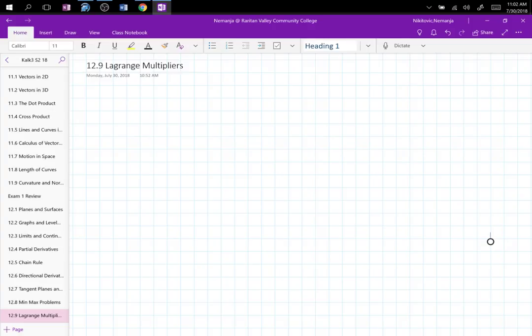Now, some portion of that line will go uphill, and some portion will end up somewhere in a valley, and so on. So min and max will occur along that line. So now we are going to learn a method which will tell us where these min and max points are along g.